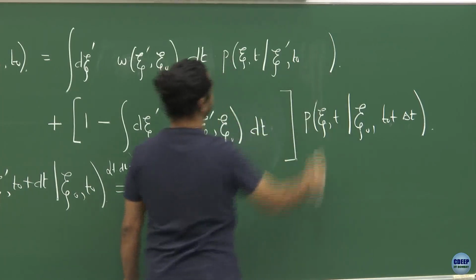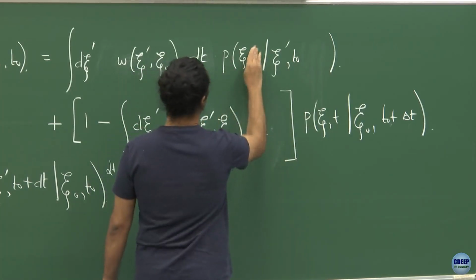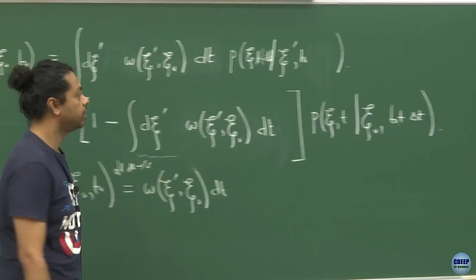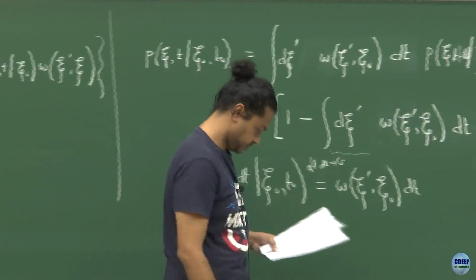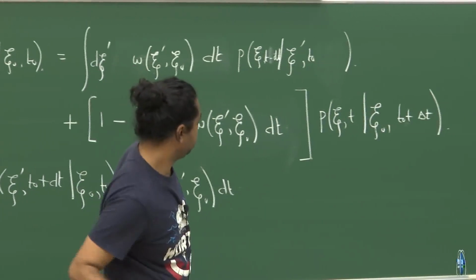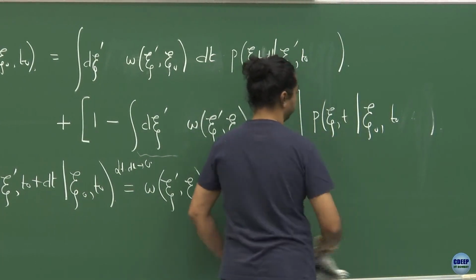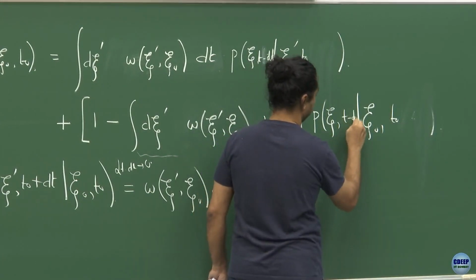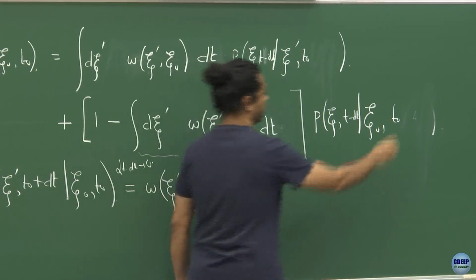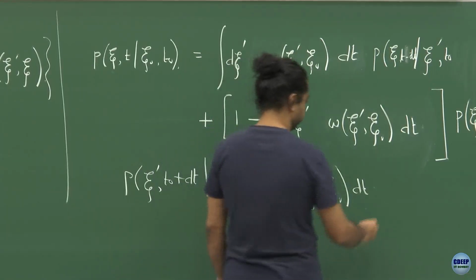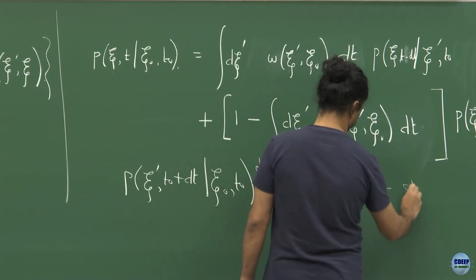What I will say is, let this remain t naught, and this I will call t minus dt. So, that is stationarity. And same here: this is t naught, this is t minus dt. So, that is plus stationarity.